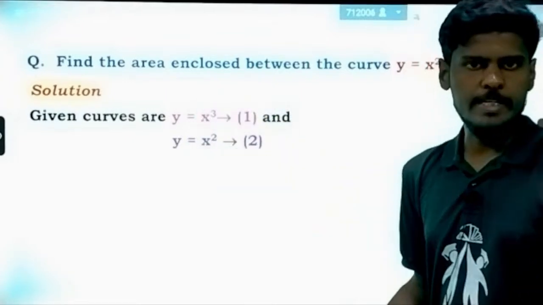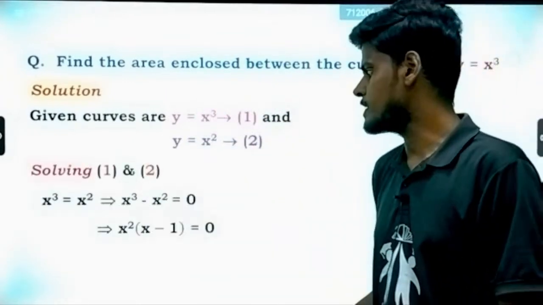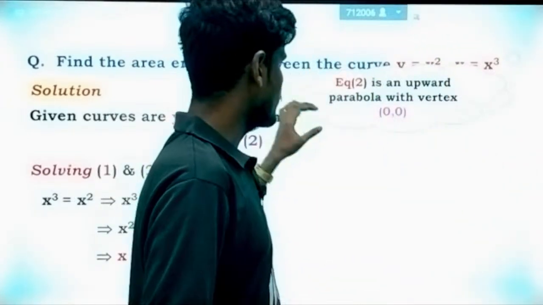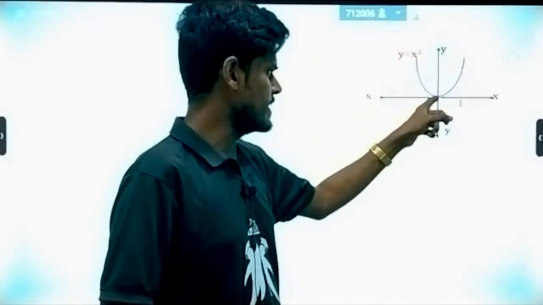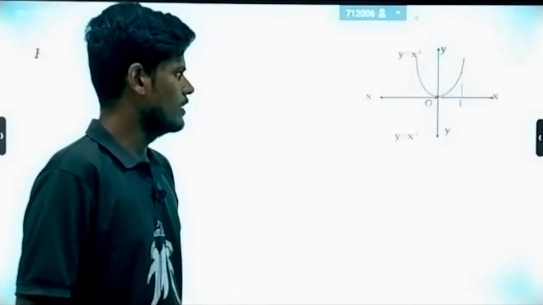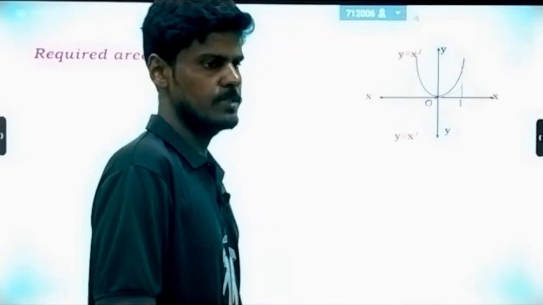Y is equal to x cube and x square. We need to solve these two curves first for finding the points of intersection. That comes out to be 0 and 1. Then draw the graph of this. This point of intersection is between 0 and 1. So we need to find this area enclosed between these two curves.